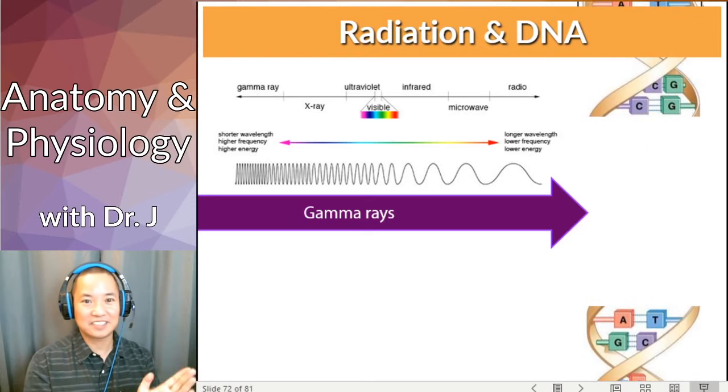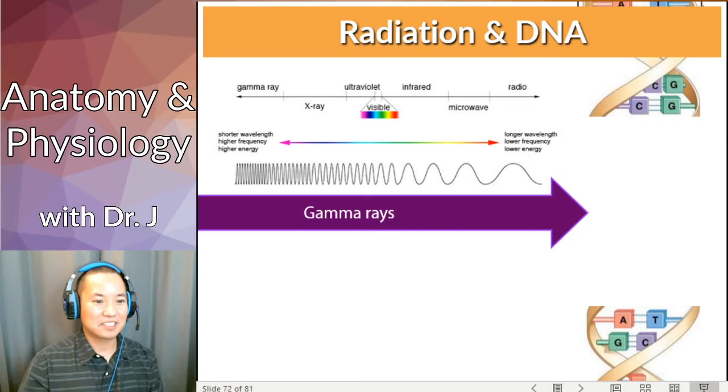Remember, DNA is made out of chemical bonds. What gamma rays typically do is not just cause one mutation, they can cause overall breaks in DNA structure, and not only your DNA, but even the collagen that makes up your skin or other proteins in your cells. They can break those bonds as well. So gamma rays are super high energy, and can break chemical bonds and cause things to break apart.